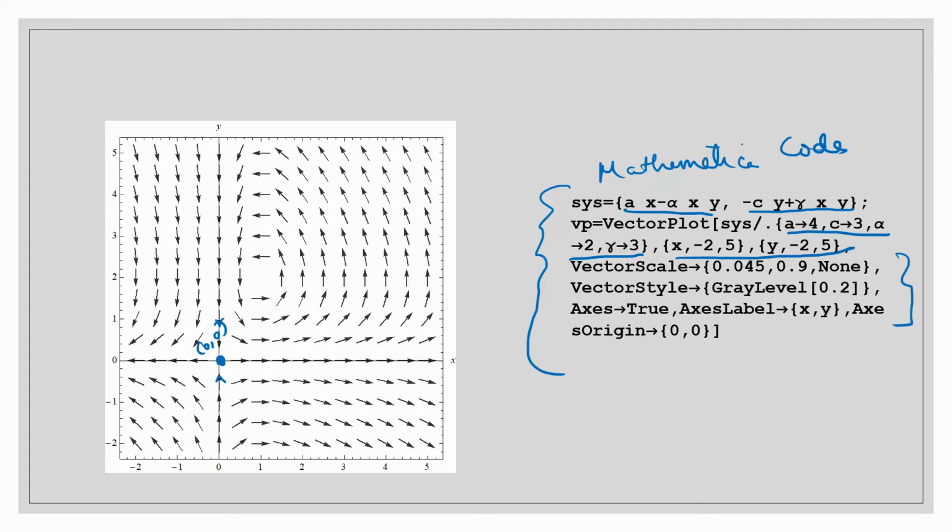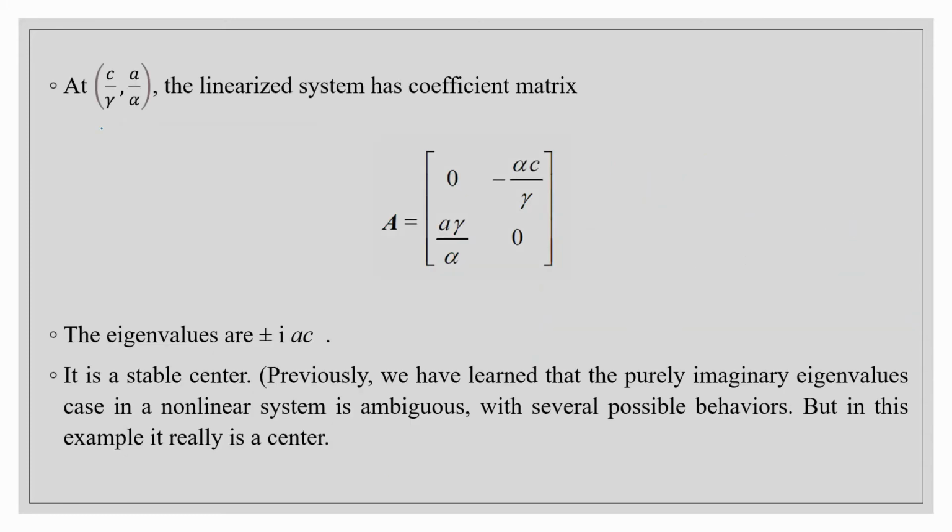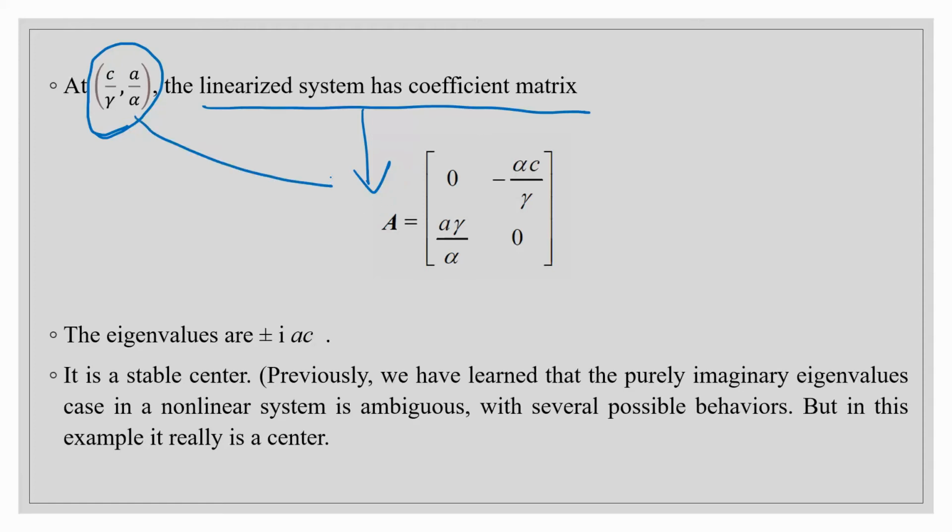Now we are going to analyze the next equilibrium point. You can see that we have got our next equilibrium point as this, and if we take the Jacobian matrix by putting this in place of x and y, you will get this matrix.